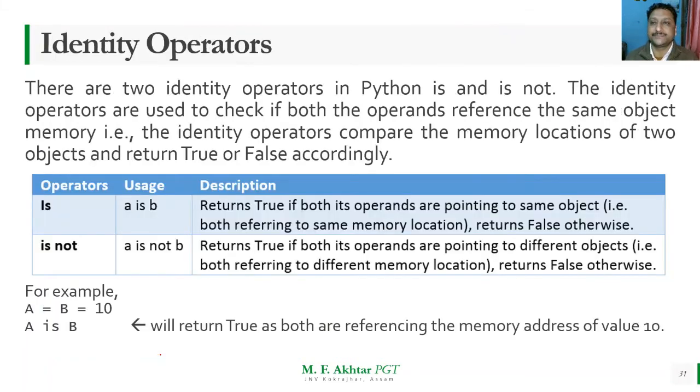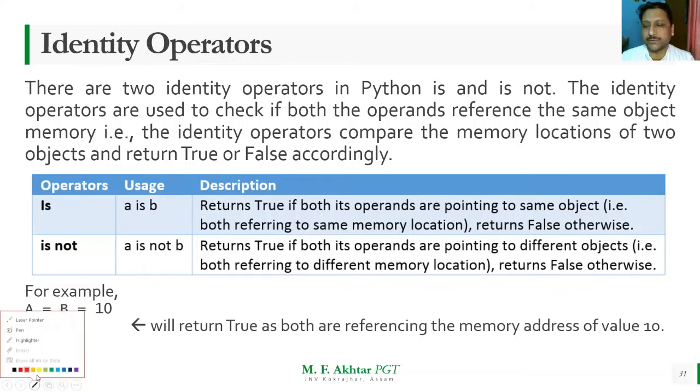Identity operators. There are 2 identity operators in Python: is and is not. The identity operators are used to check if both the operands reference the same object in memory.